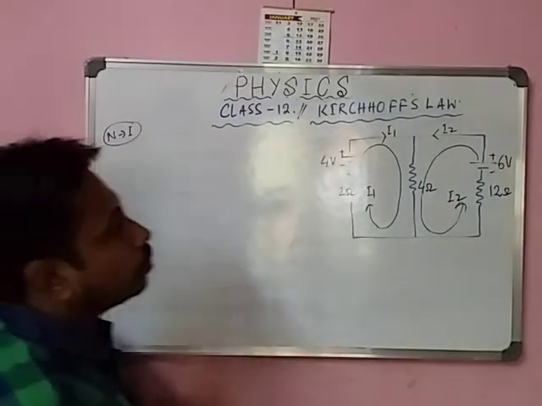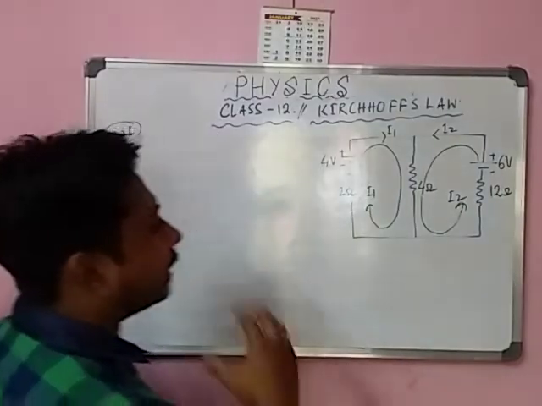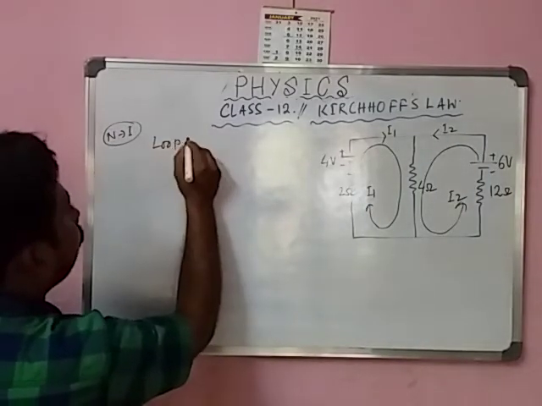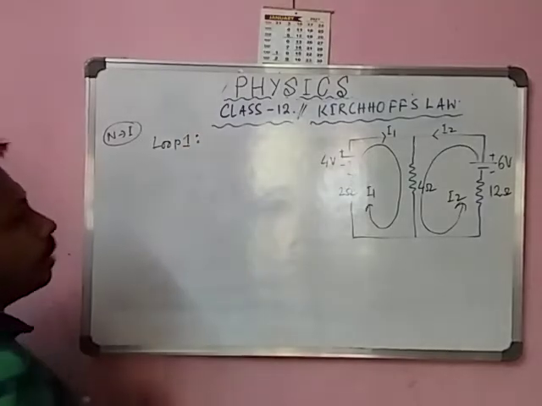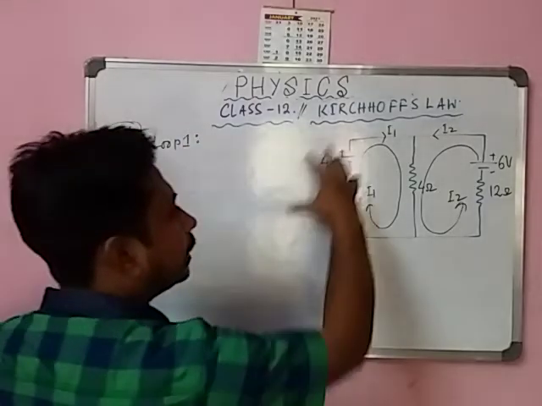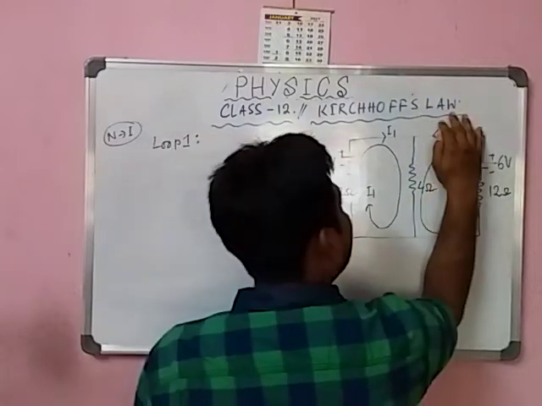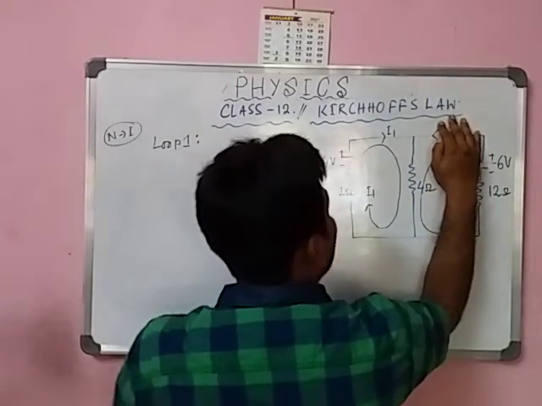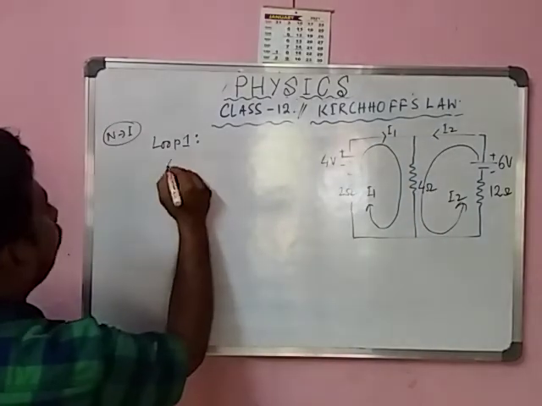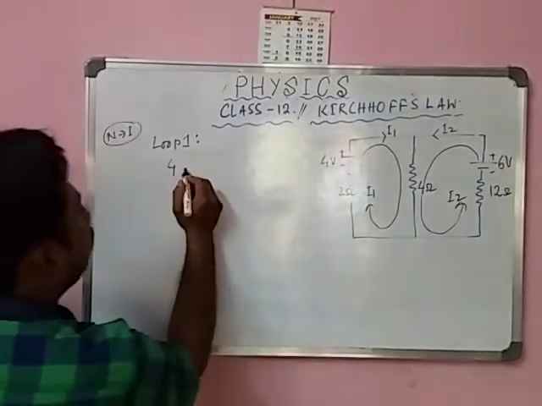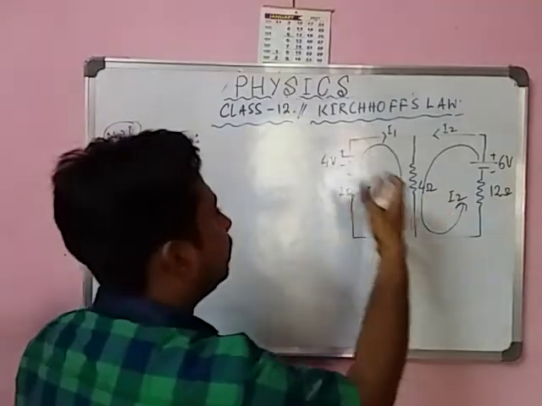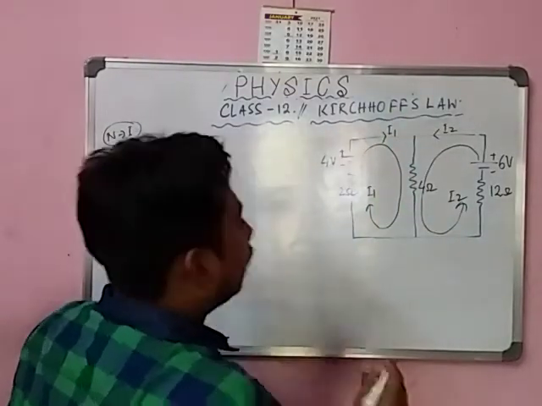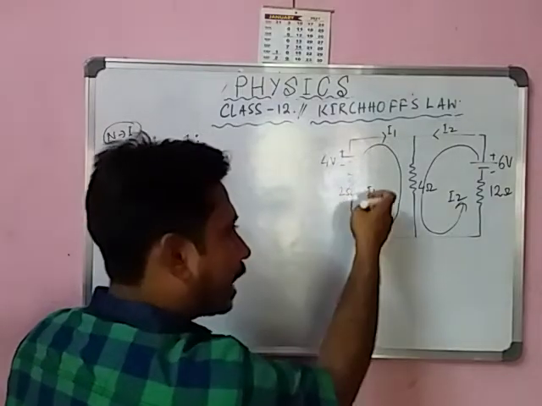Now students, you can write the equation for loop 1. When you think about loop 1, forget everything about loop 2. In loop 1, the 4 volt EMF equals all the potential drops. Potential is current into resistance.